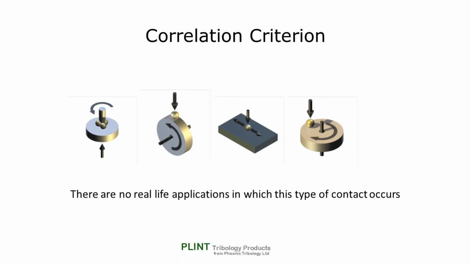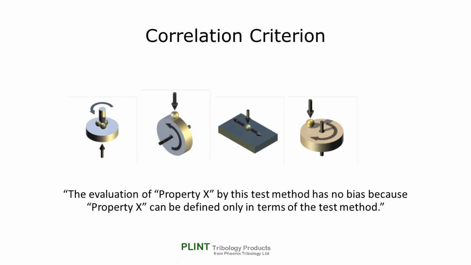It therefore begs the question as to why we use so many sliding point contact tests for lubricant and material evaluation. Many of these point contact tests were invented before we understood both surface chemistry and contact mechanics.